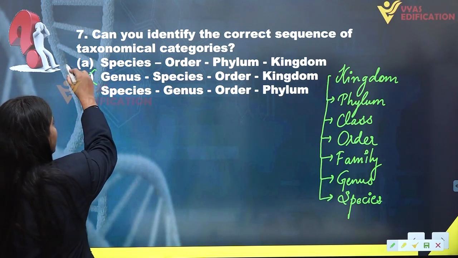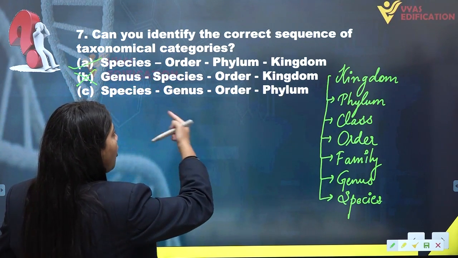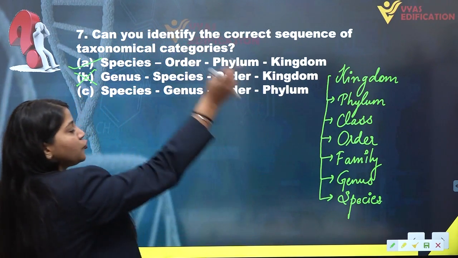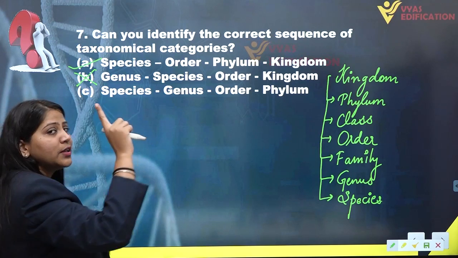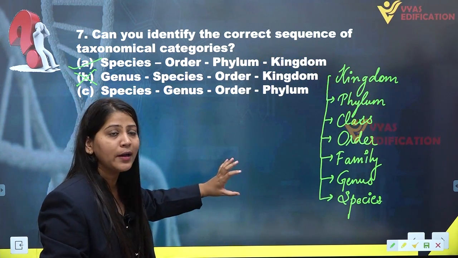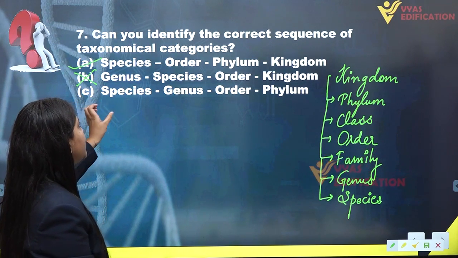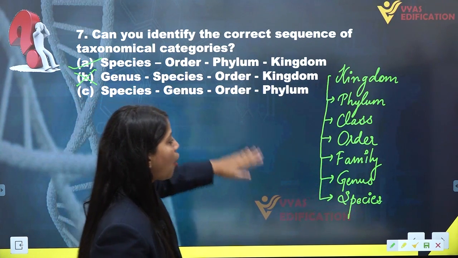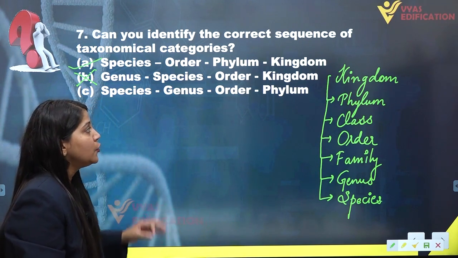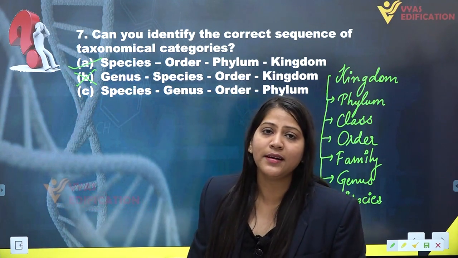It can also be correct that species, order, phylum and kingdom, as it is moving from species to kingdom. Second option is absolutely incorrect because it is a random order. Then in third option we have species, genus, order and phylum. Alright, so this can also be correct. So this is all about question number 7.